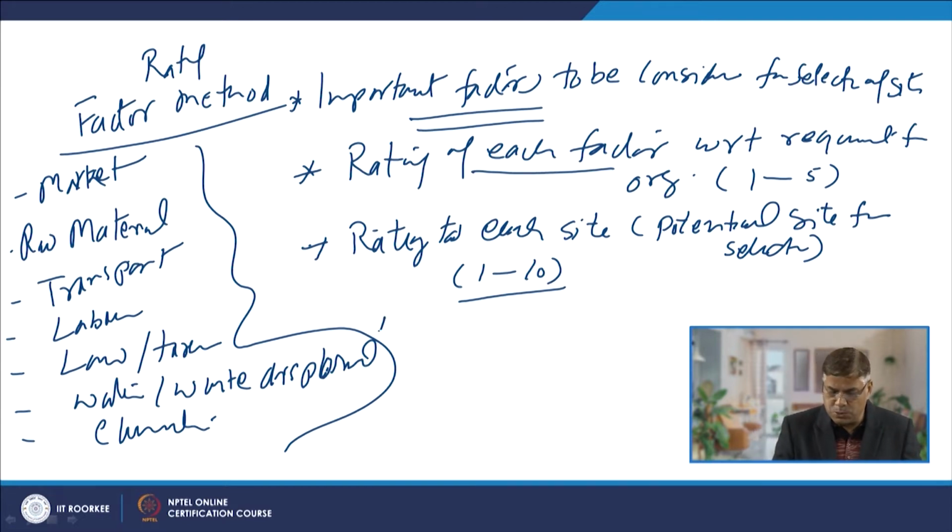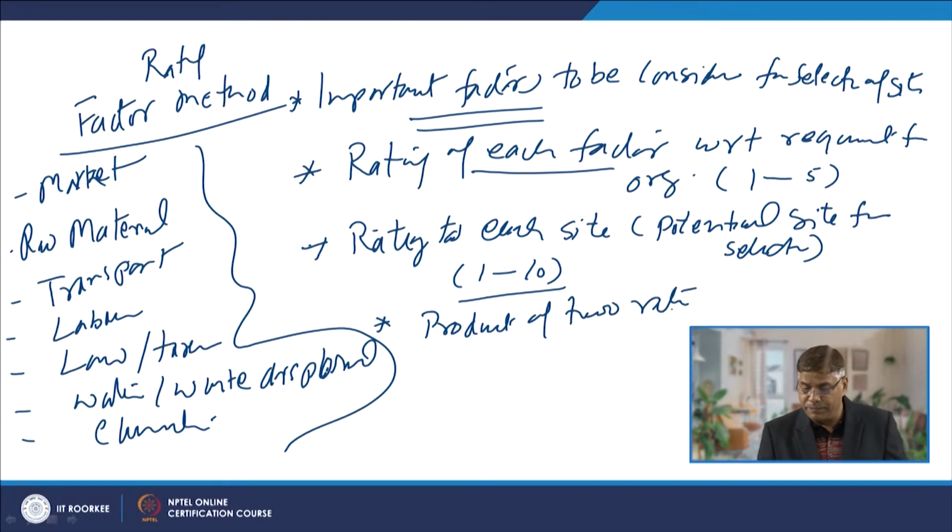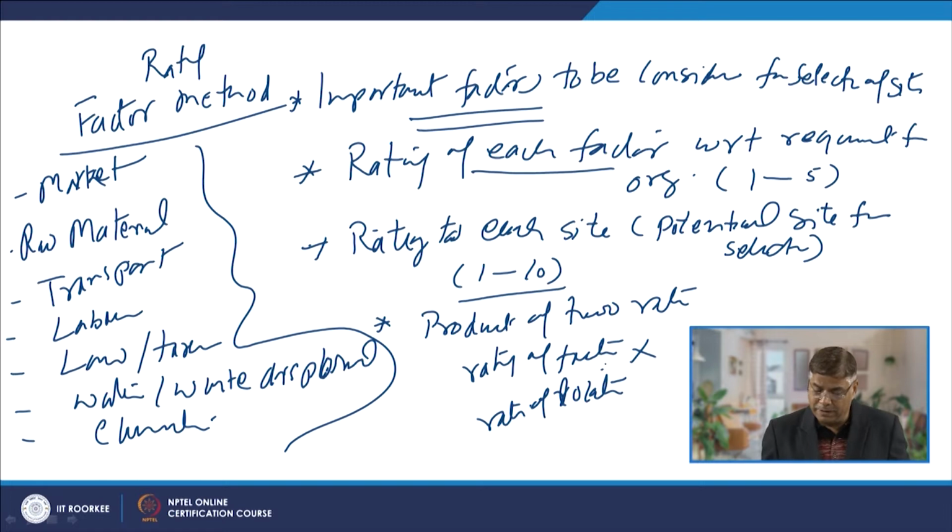And once these two ratings are available, we identify the product of the two ratings: the rating of the factor multiplied by the rating of the location for that particular factor.